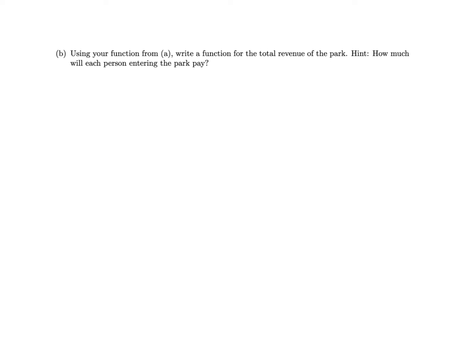Using our function from A, write a function for the total revenue of the park. Our revenue is going to be number of visitors times the price per visitor. That's all the money that comes into the park, revenue. Just take the number of people that come and multiply by how much they pay. We have a formula for number of visitors.